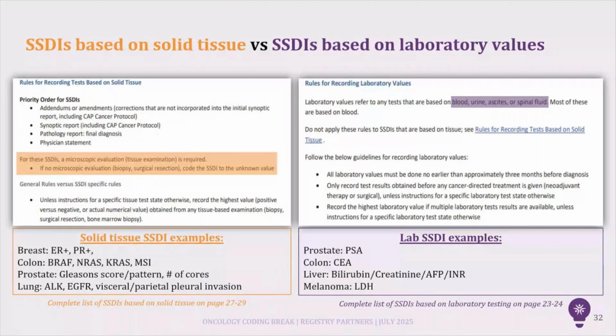On the other hand, there are some that do use lab values. So the PSA, the CEA, the LDH for melanoma, those are some examples where we can use blood, urine, ascites, spinal fluid, those kinds of things. So make sure you check that out in the SSDI manual to make sure that you're capturing it correctly.